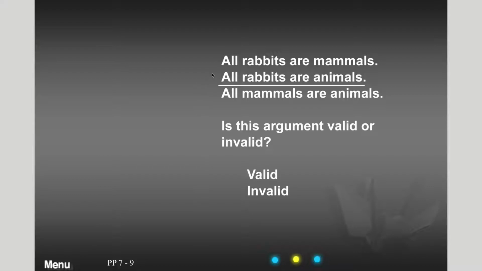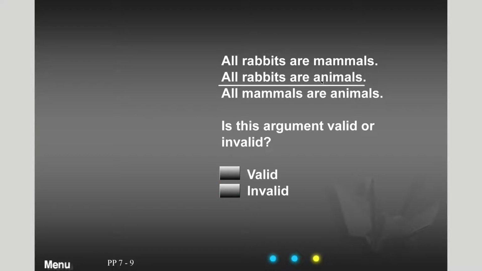All rabbits are mammals. All rabbits are animals. Therefore, all mammals are animals. Is this a valid or invalid argument? Okay, so let's start with all rabbits are mammals. But what we don't have is that match like we wanted. We've seen this before, right? This was an invalid argument. All rabbits are mammals.